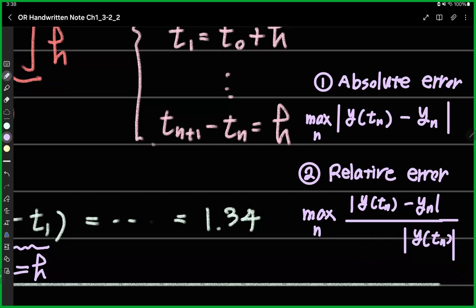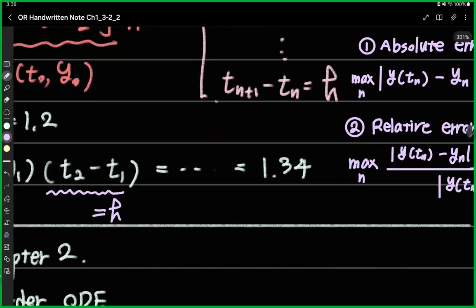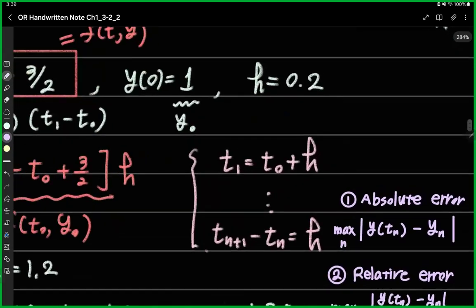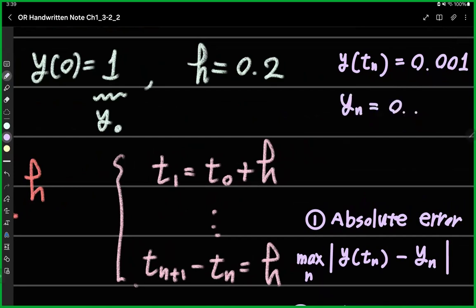So why do we divide by the value of the exact solution? Think about this. Let's say y of t sub n is equal to, for example, 0.001, and y sub n is equal to 0.002.